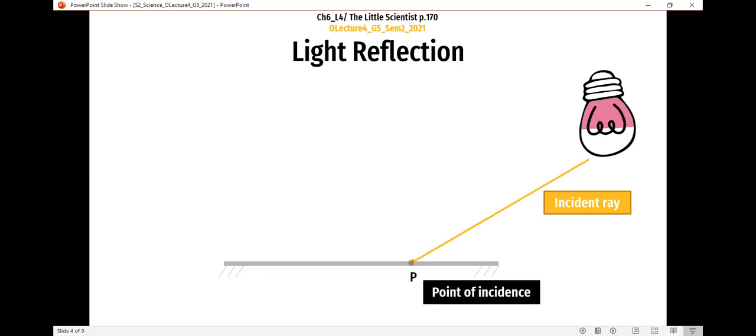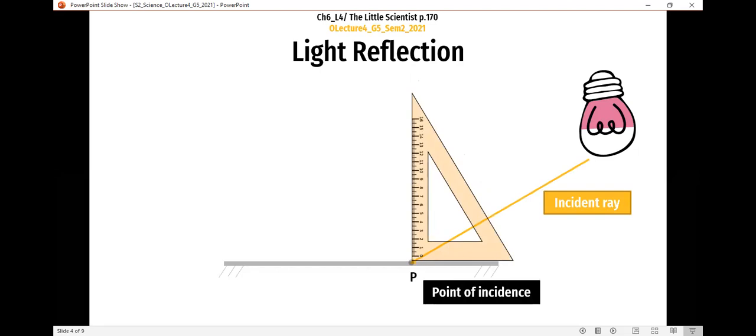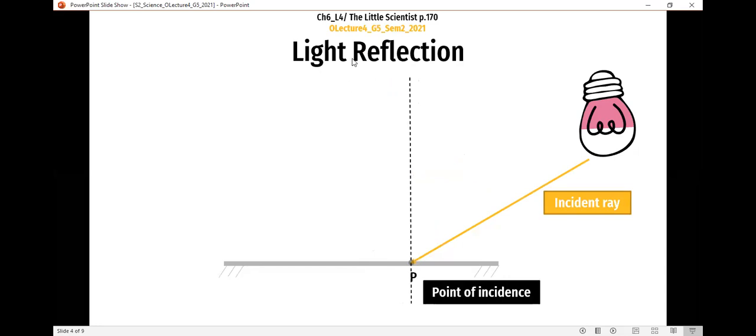How do we draw the reflected ray? You should take your set square and draw a normal at this point of incidence. So here is the normal. The normal is always perpendicular to the mirror.